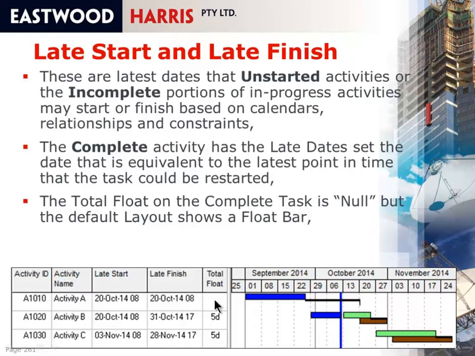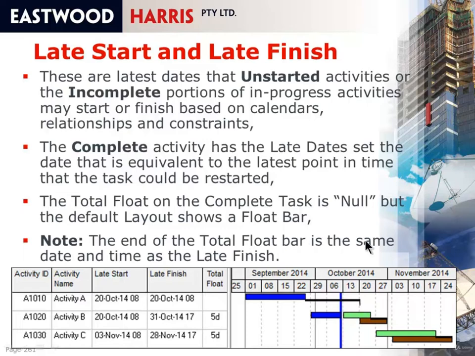Other products show 0, but most other products would show the late start and the late finish as the actual start and the actual finish with an actual behind them. So it's again interesting the way Primavera displays late start and late finish, and a lot of people would not agree with displaying these dates here. The end of the total float bar is the same date and time as the late finish for these activities here.